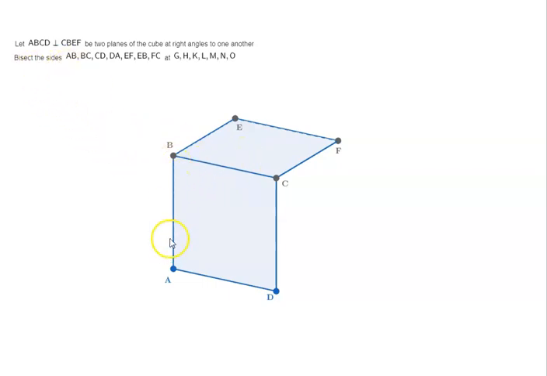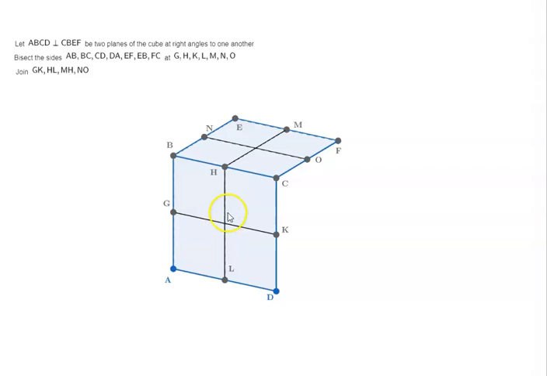Bisect the sides AB, BC, CD, AD, EF, EB, and FC. Join GK, HL, NO, and MH. And let's mark the points of intersection of these lines as Q and P.